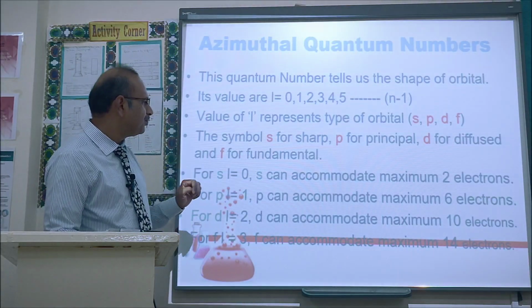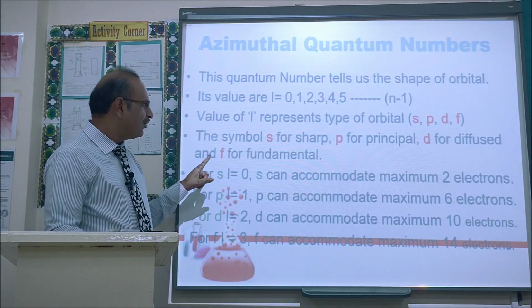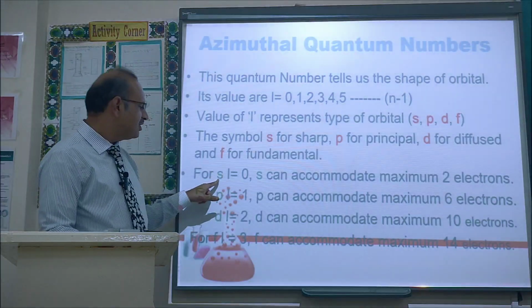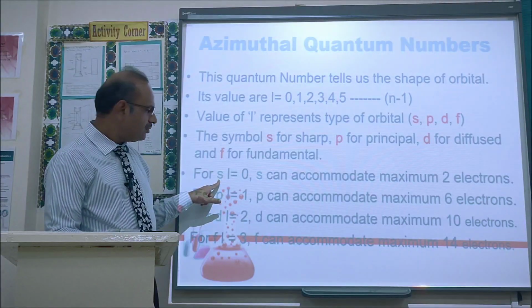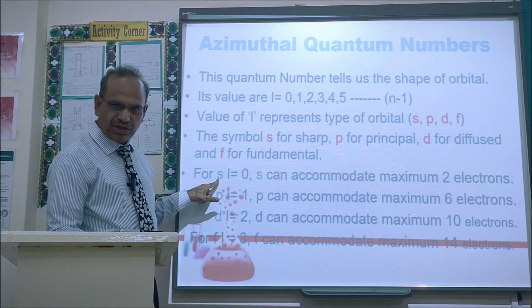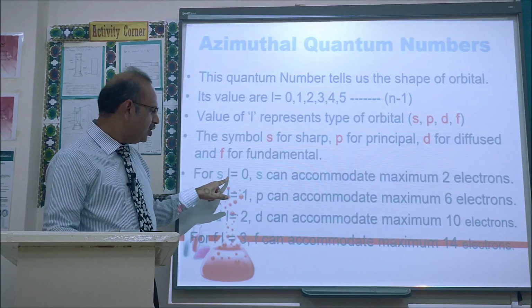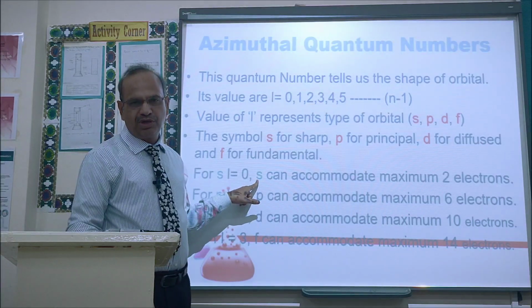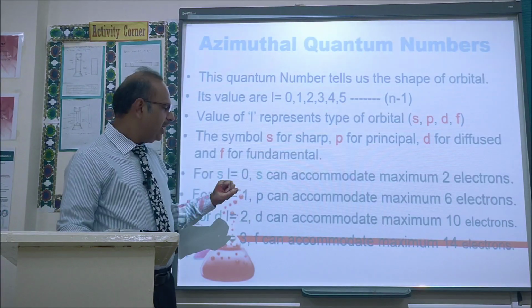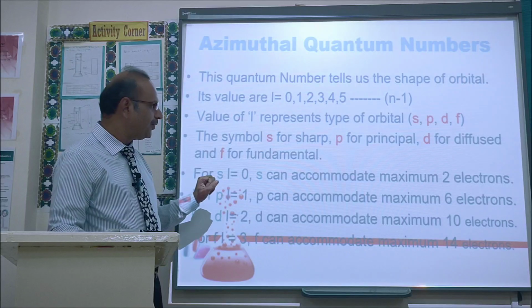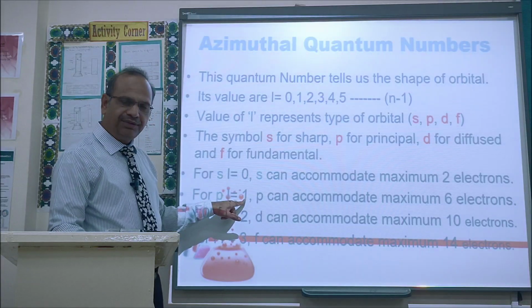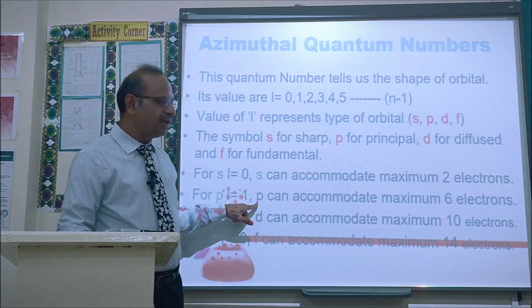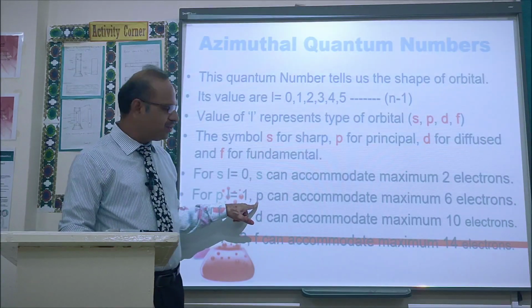For example, if the value of l is 0, it represents the s subshell orbital, and s can accommodate a maximum of 2 electrons. If the value of l is 1, it represents the p orbital, and p orbital can accommodate a maximum of 6 electrons.